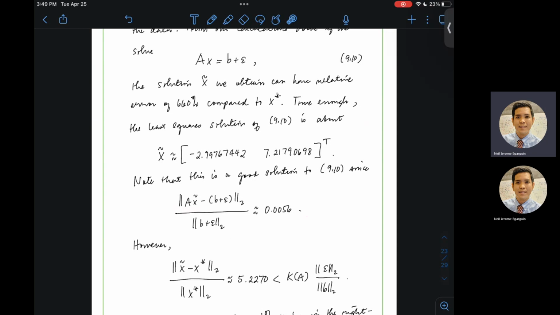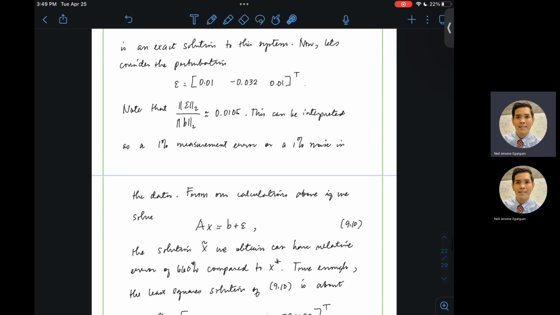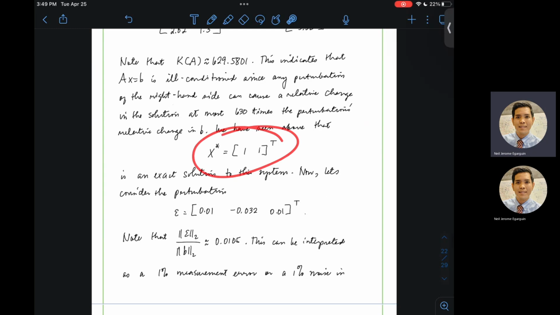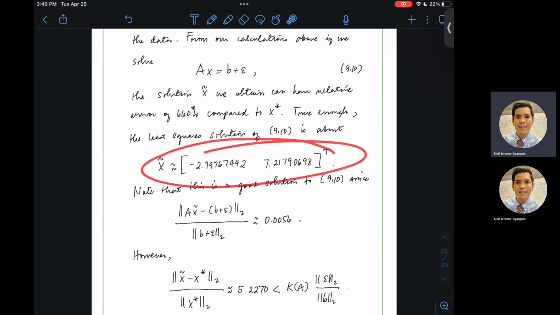But remember, this is not reality. We want to model just b, right? So if you take away the measurement error or the noise, we should have gotten 1, 1. That's the exact solution. But what we got is this guy, which is quite far from the actual solution, right?